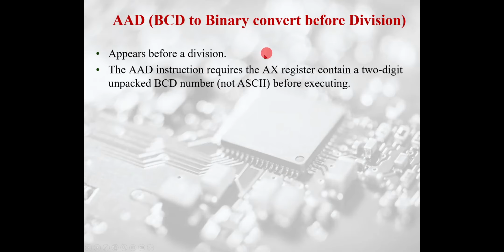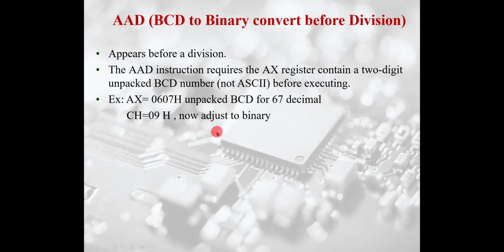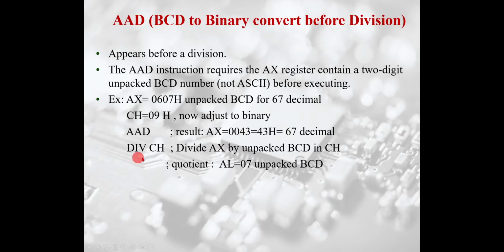In the division case it's slightly different. We do it before the division itself, because if that 3030 prefix is not removed, it is difficult to adjust later on. It converts a BCD to binary before the division.